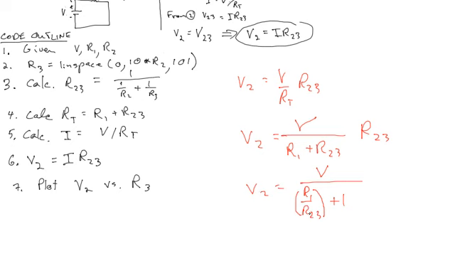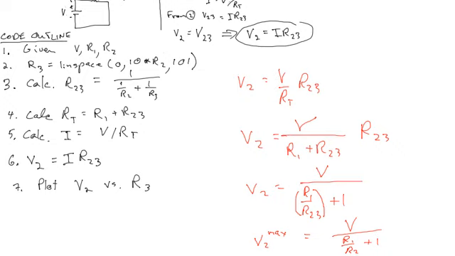As R3 goes to infinity, R23 just goes to R2. So V2 max equals V over R1 plus R2 plus 1.